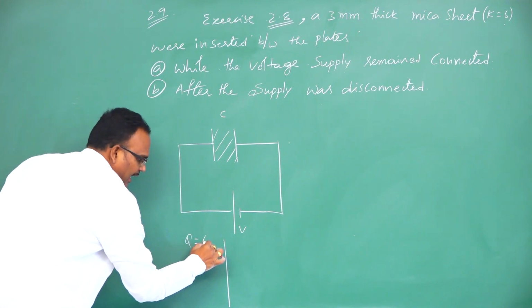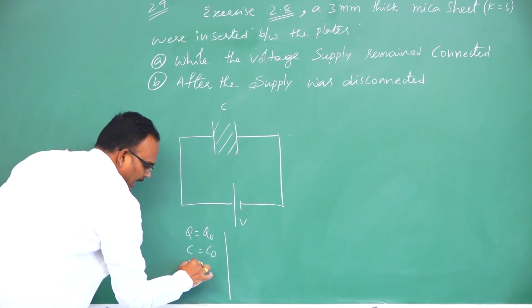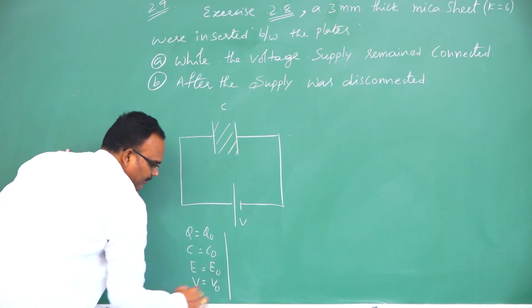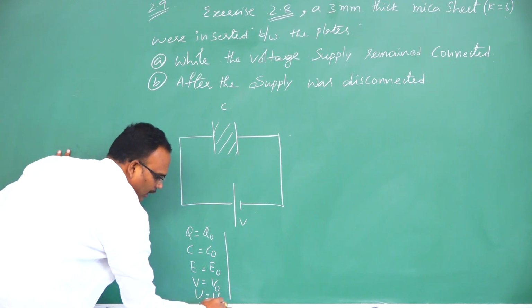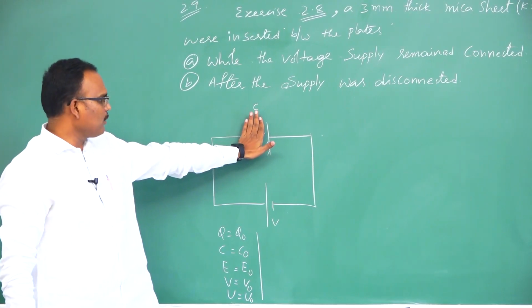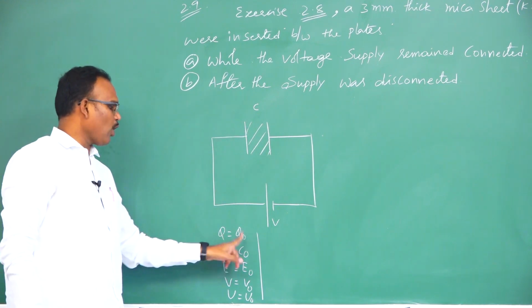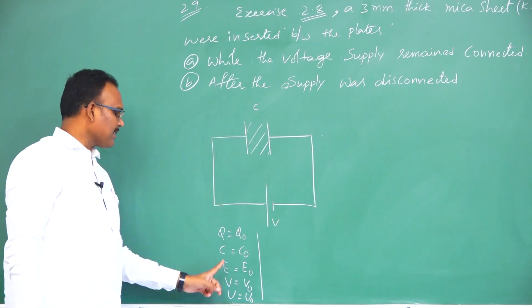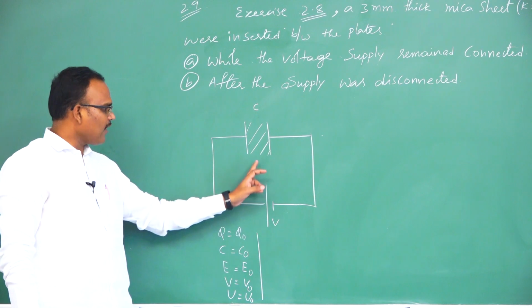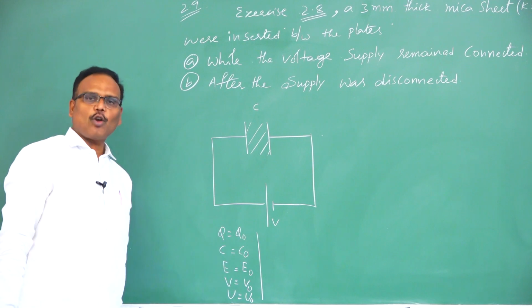Charge initially is Q naught, capacitance is C naught, electric field is E naught, potential is V naught, energy is U naught. All are initial quantities before introducing the dielectric slab between the plates. Charge on the plate is Q naught, capacitance of the capacitor C naught, electric field between the plates is E naught, potential difference across the plates is V naught, and energy stored in the capacitor is U naught.